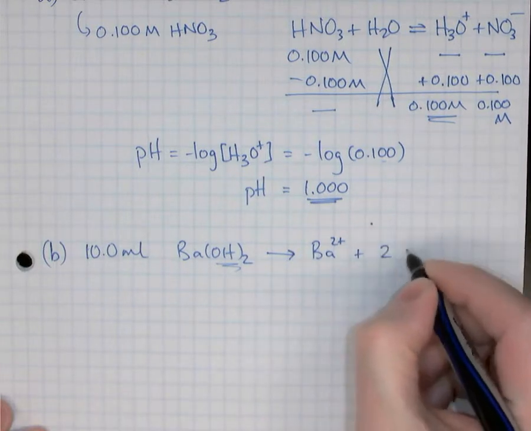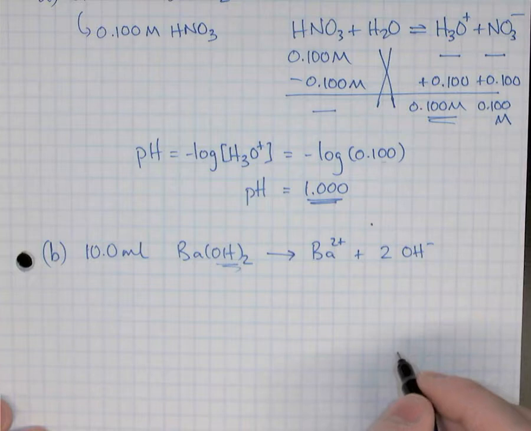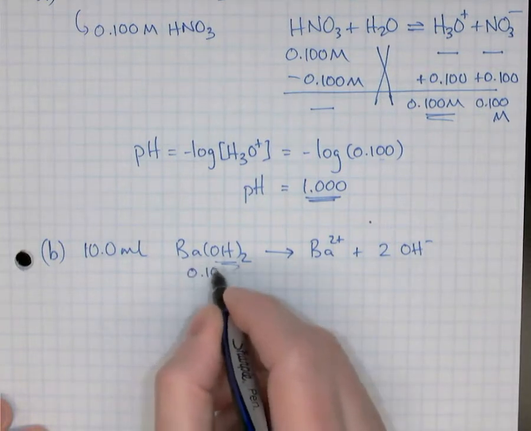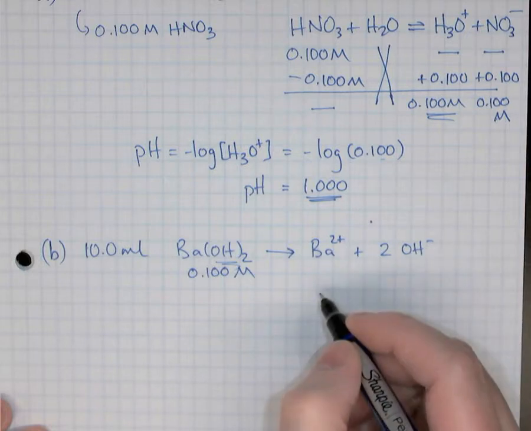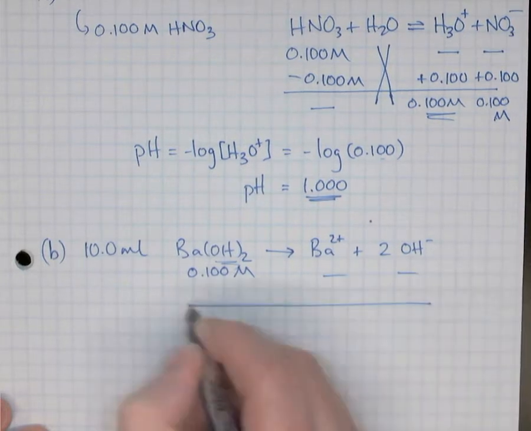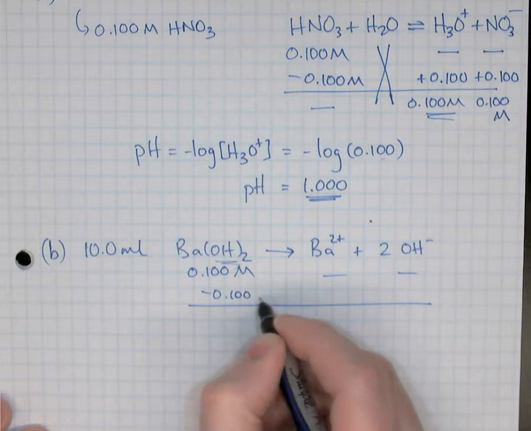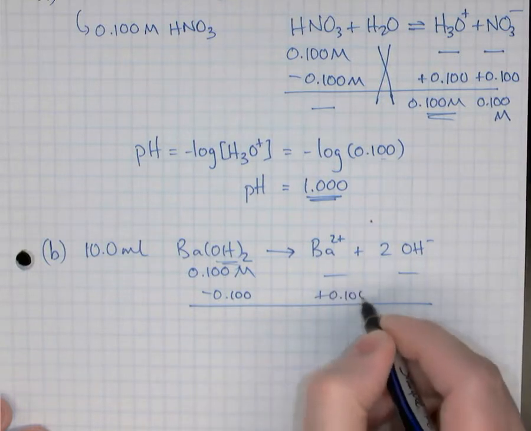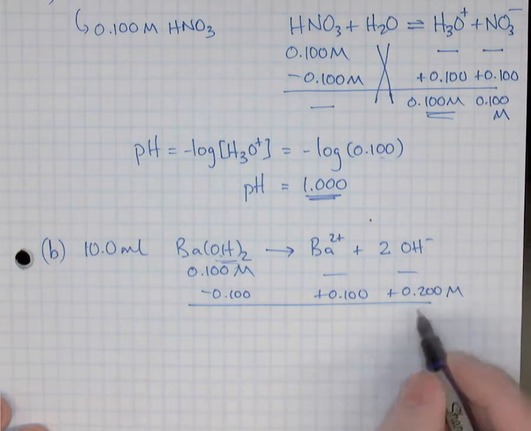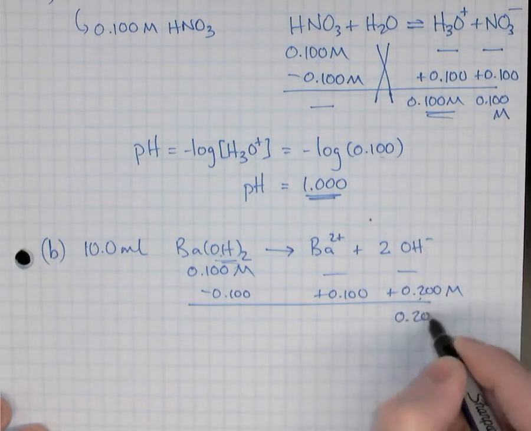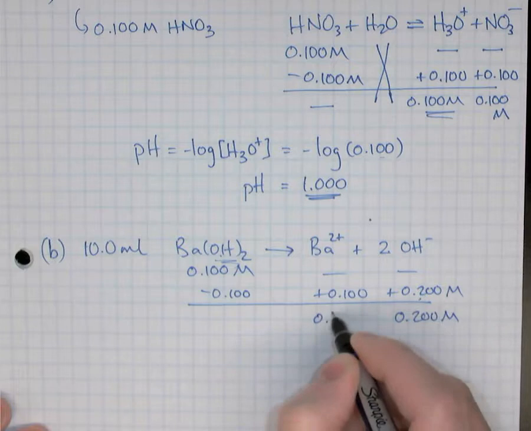You'll get 2 moles of hydroxide ions. So if we had a 0.1 molar solution, that's what the question said, of barium hydroxide, we're going to end up with a strong base. It ionizes completely, so we end up getting 0.2 molar, okay, 2 to 1 ratio, so twice as much, 0.2 molar hydroxide ions.